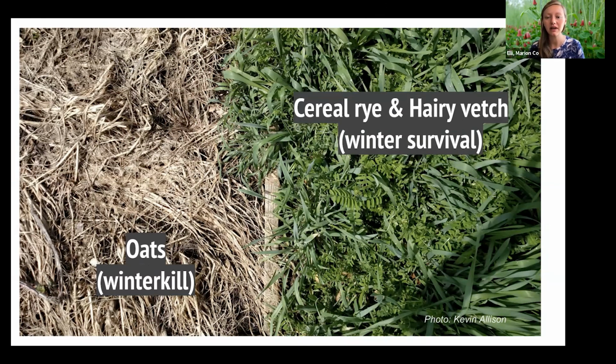So we have our winter kill in a bed that most likely will be transplanting or seeding early spring crops, ones that we need to be able to get into that soil a little bit earlier for our production. And then on the right, winter survival crop that will continue to grow into later spring, early May, mid-May, and would be used for our later transplants or later vegetables in that situation.